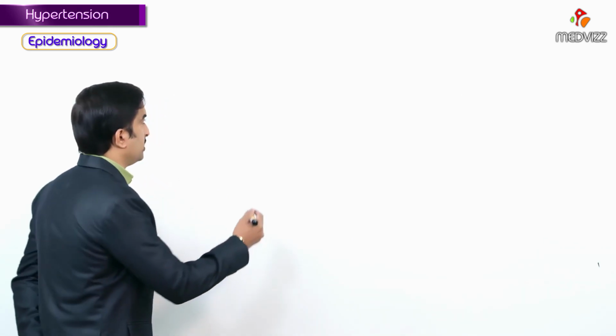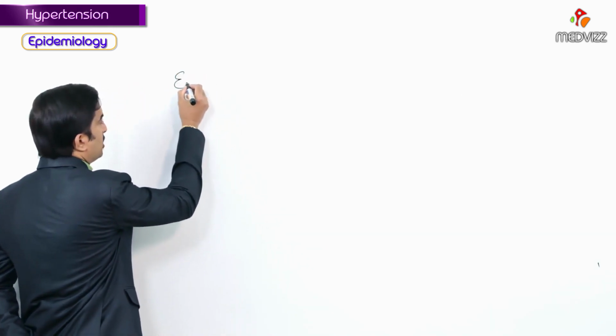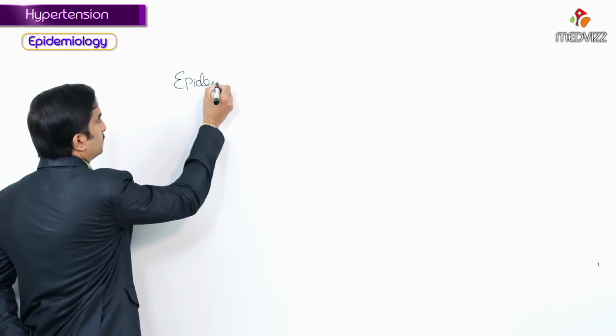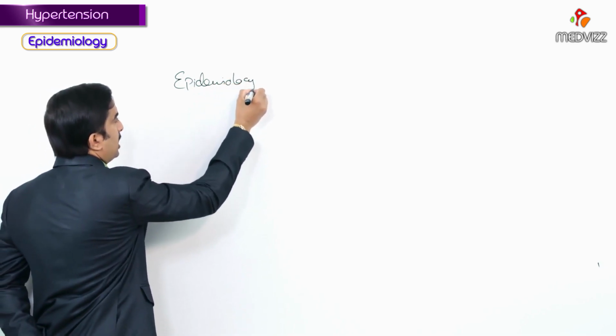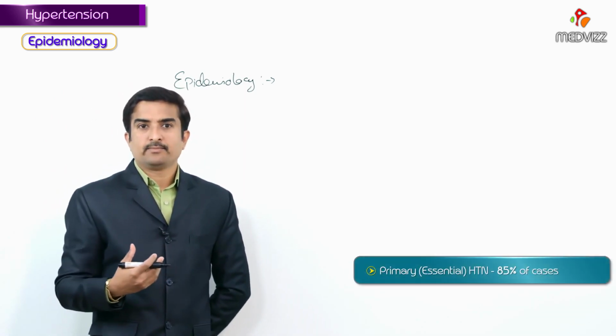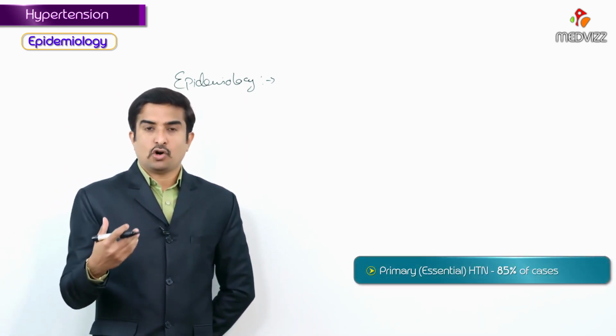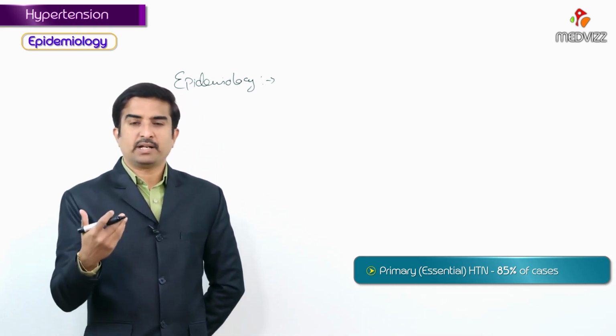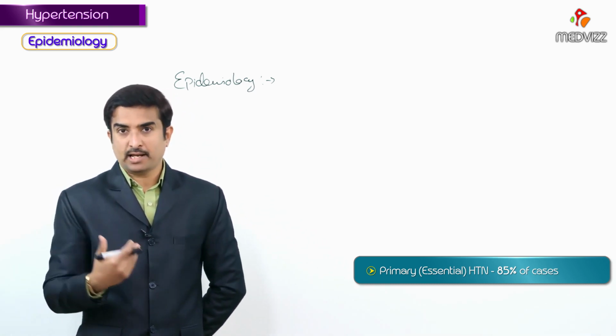So we need to know now about the epidemiology of hypertension. There is primary hypertension. Formerly we used to call it essential hypertension, but now we call it primary hypertension.